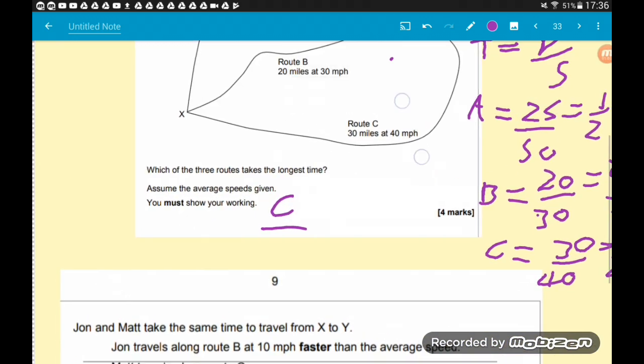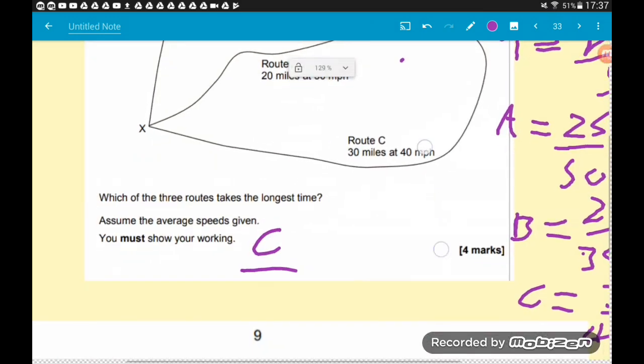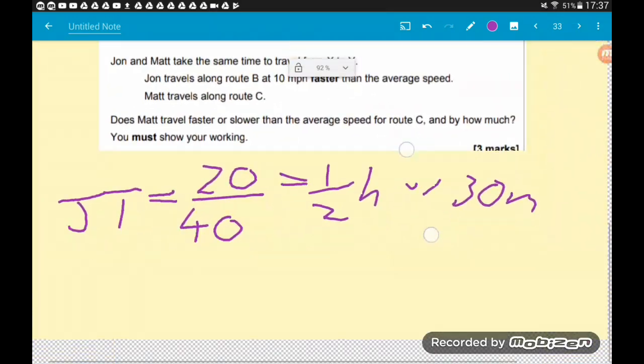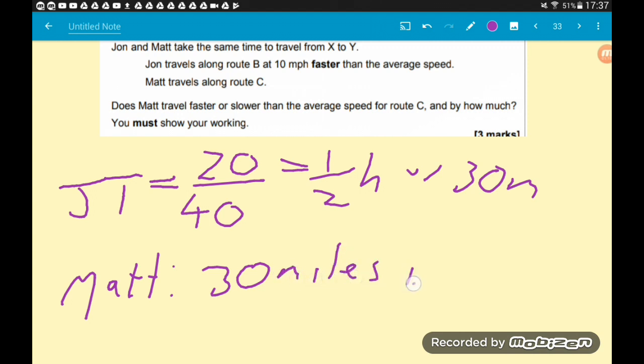So going back, route C is 30 miles long. So for Matt, he has to go 30 miles in 30 minutes. So that's actually a mile a minute.